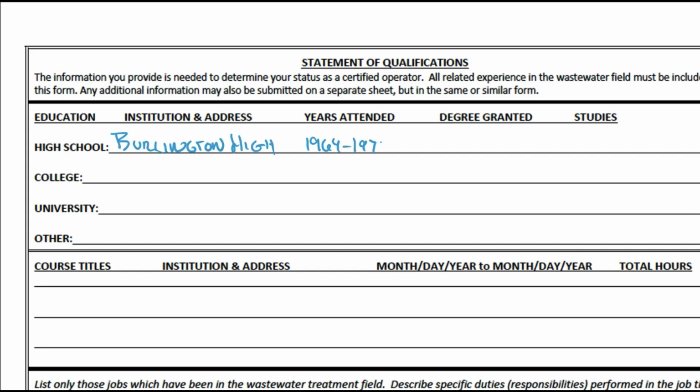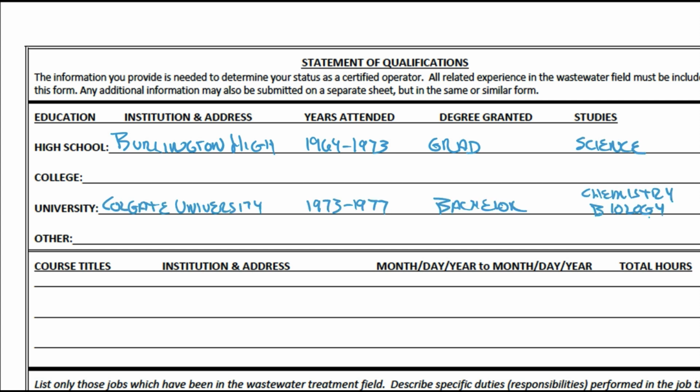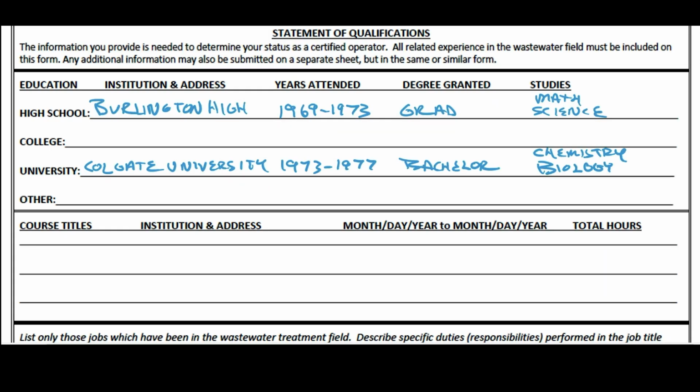Now, it's important that we list our qualifications here. Where we went to school, if you went to any colleges, and write in your major. Under the course title section of this application, this is where you're going to write down the wastewater course that you just completed. Be sure to include the course number, which starts with a BC, which stands for Board of Certification, so they know that you took a state-approved course and they can look it up if they want to.